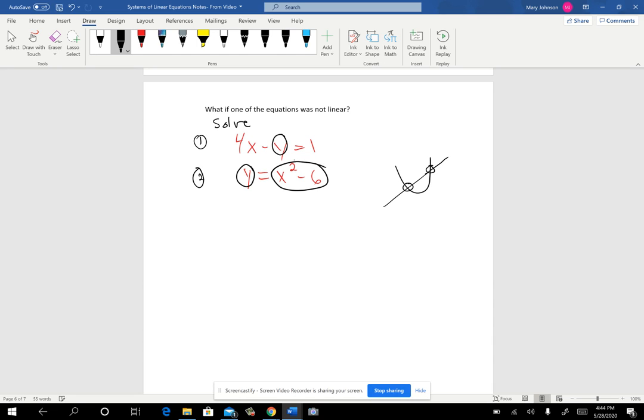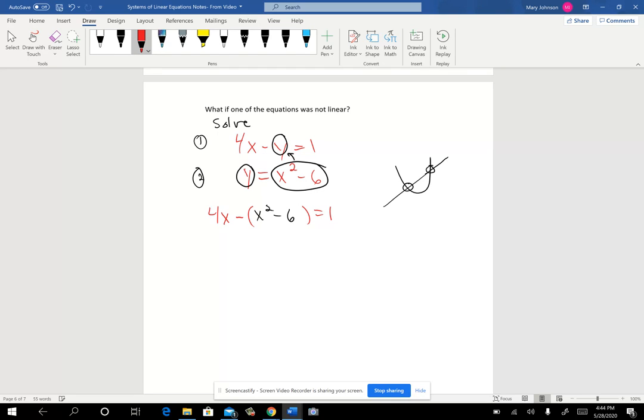So just like on the others, I'm going to be able to plug the y in. The x squared minus 6 should be able to go in where the y is. So what I do is I write down 4x minus, and then right there where y used to be, I'm going to be plugging in x squared minus 6. Okay.